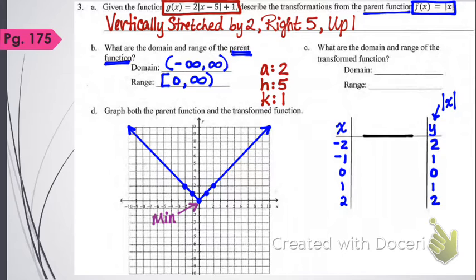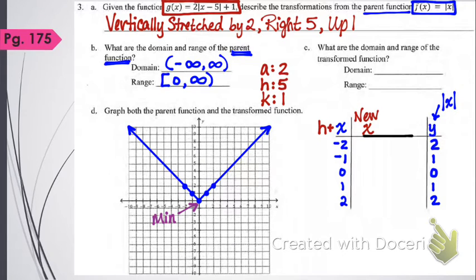Which of those transformations is going to affect things along the x-axis? The right 5. So I'm going to take that h value, and on my table, I want to see it doing to my numbers what we said in words.